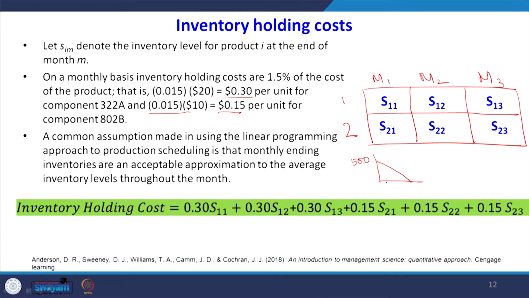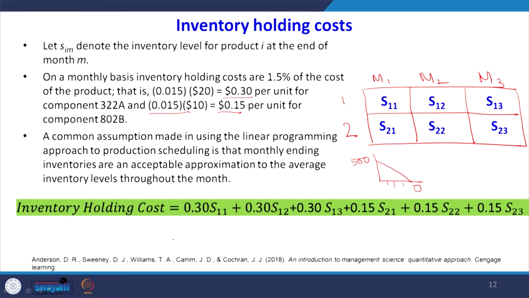This is week 1, week 2, week 3, and my inventory level will keep on decreasing down to 0. Generally we would take the average of this, but in this problem the average inventory is taken as equivalent to the month-ending inventory. That is what this sentence means: monthly ending inventory is an acceptable approximation to the average inventory level.